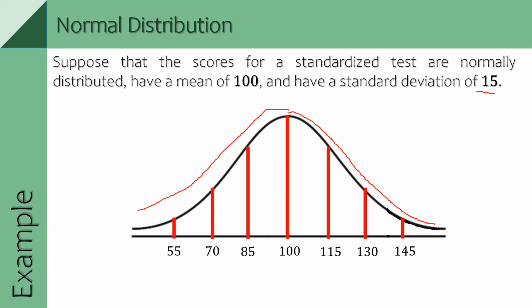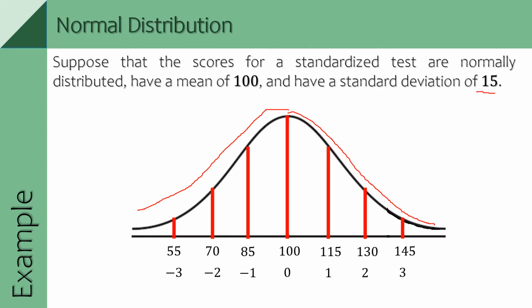We simply change 100 to 0, 115 to 1, 130 to 2, and 145 to 3. On the left side, we change 85 to negative 1, 70 to negative 2, and 55 to negative 3.